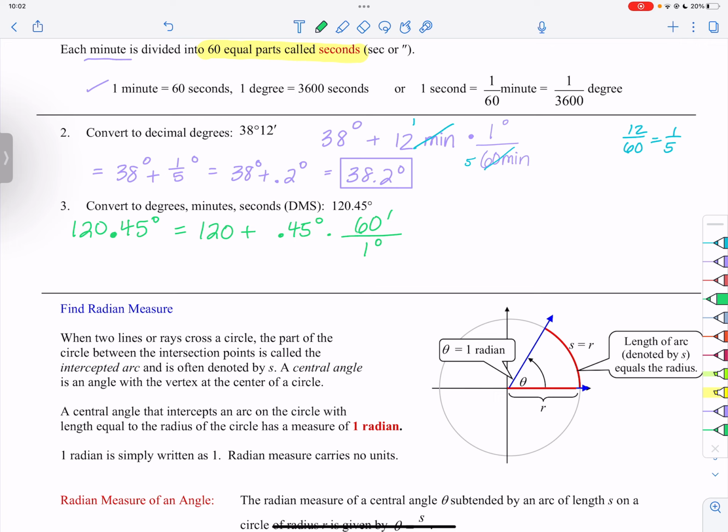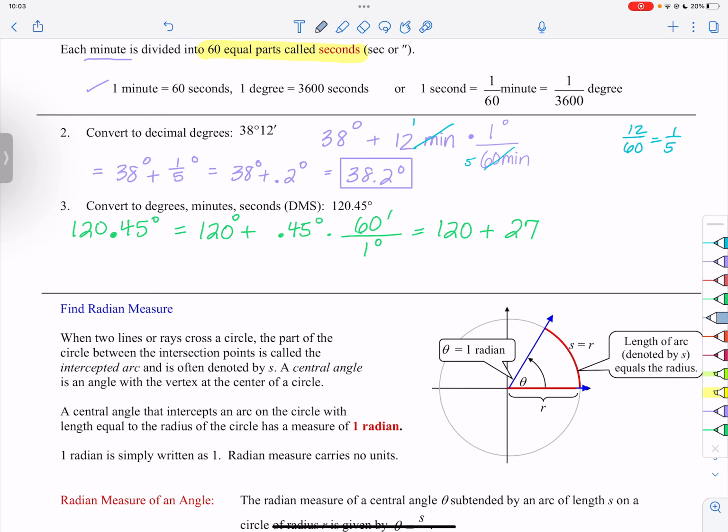So now we have 0.45 times 60. You can do that in your calculator if you want. So we have 120 plus 0.45 times 60 comes out to be 27. And again, these degrees will cancel and we just have minutes left.